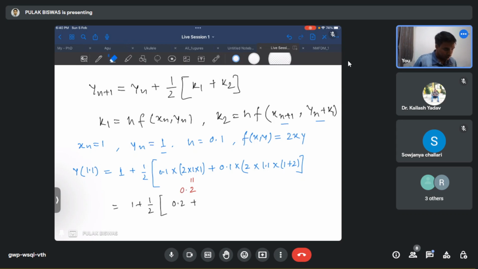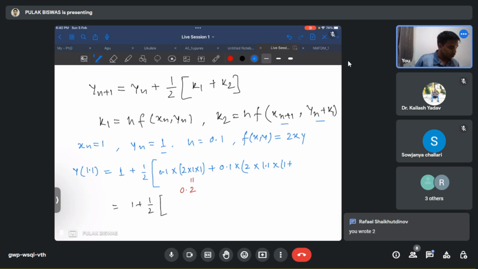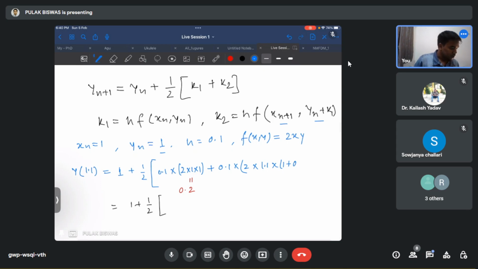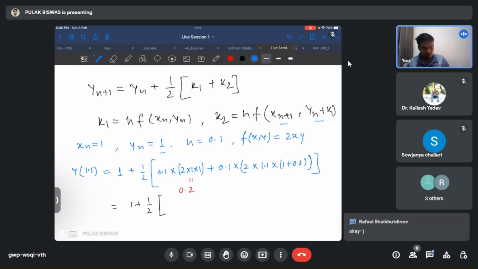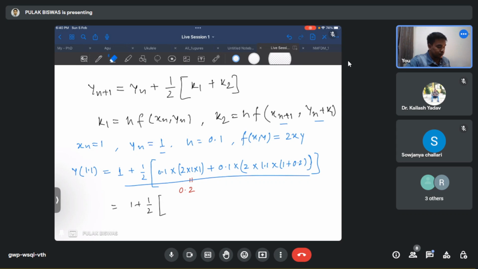So this one will be modified. So can you calculate this, the whole expression, this one? Yeah, try to give me the value.